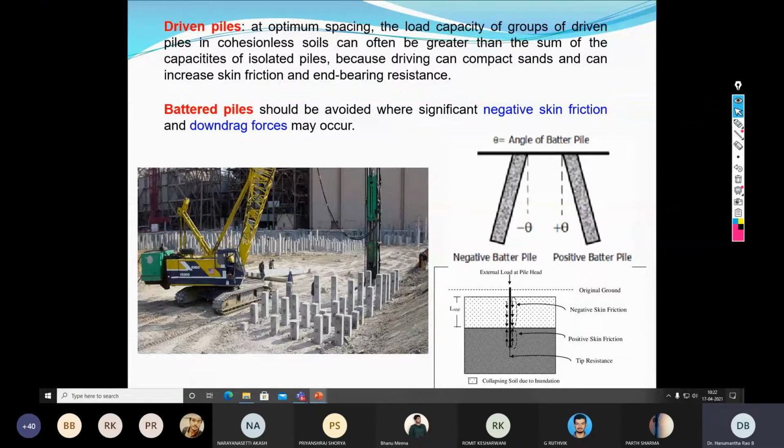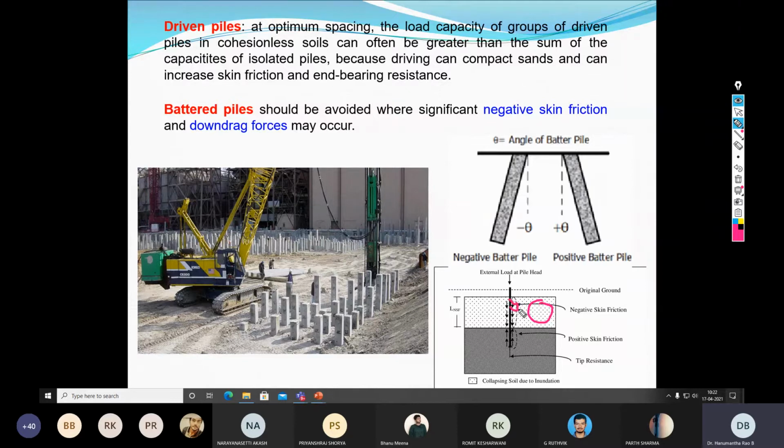Negative skin friction especially arises in clay type of soil, because during or after the pile driving, when the superstructure load gets transmitted to the surrounding soil in the form of skin friction, say for example here, this is a clay layer.